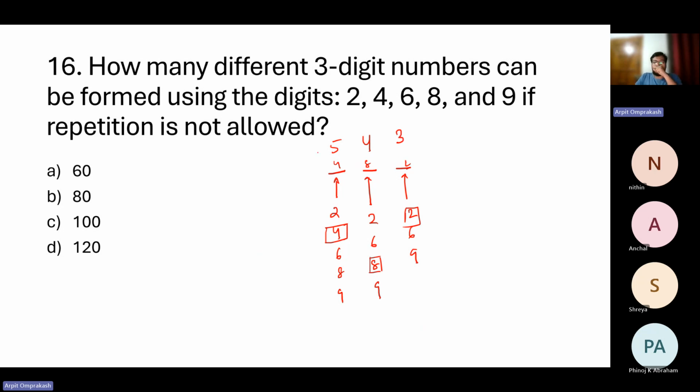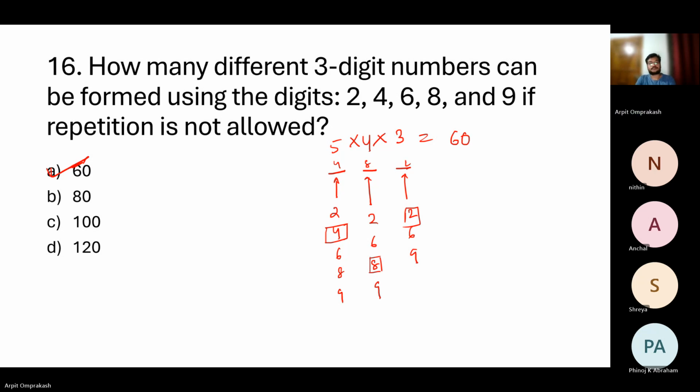So the number of different 3-digit numbers is a multiplication of all these choices: 5 into 4 into 3, which is 60. So the answer here is option A, which is 60.